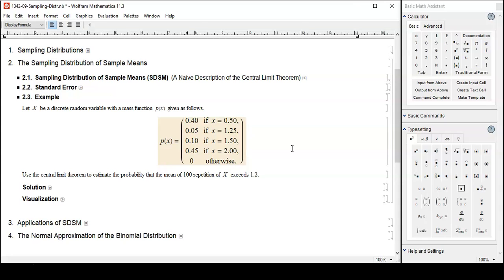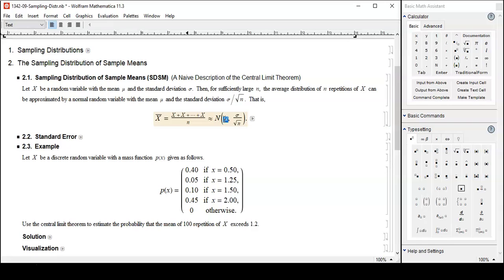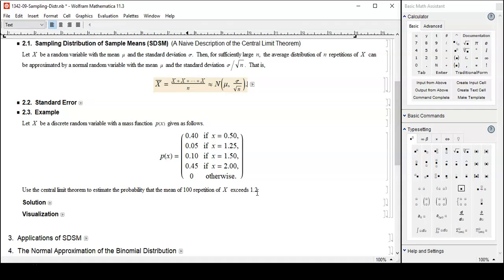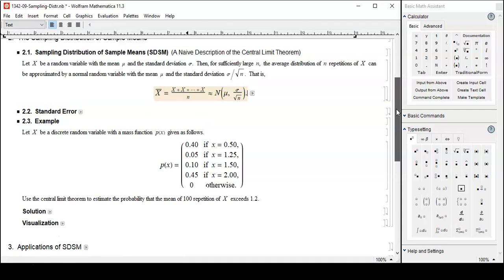Let's suppose we calculate all that as we did in lesson 6. And with that mean and the standard deviation, and also 100 repetitions, we're going to get mu and sigma over square root of n so that we can do normal approximation. And that's how we're going to answer this question.